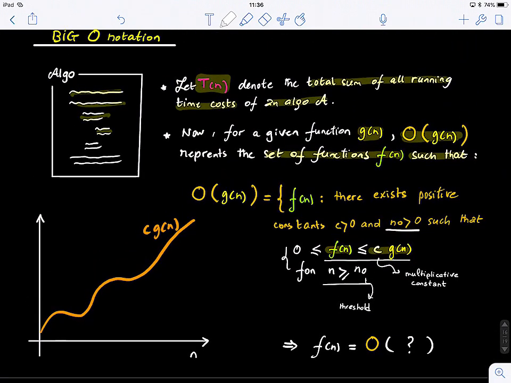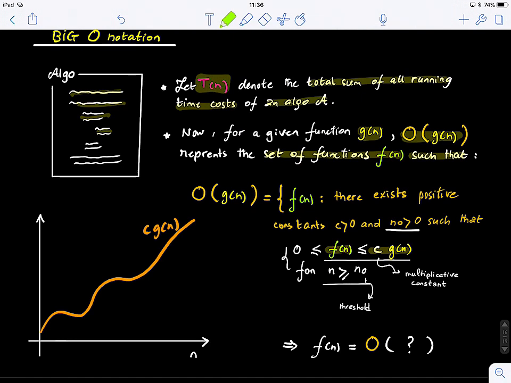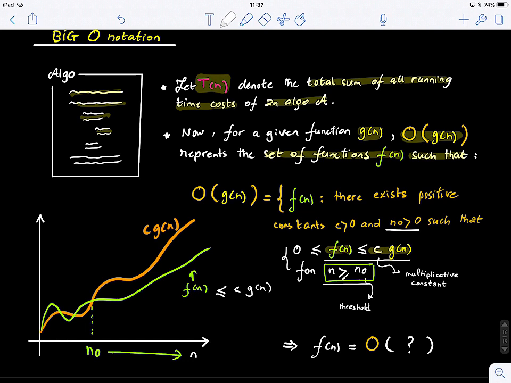Our function f of n might behave randomly. It might be greater than c times g at this point, and then maybe another time, something like that. And then starting from some point n0, for all n's that are larger or equal to n0, my function f of n will be smaller or equal to c times g of n, right?